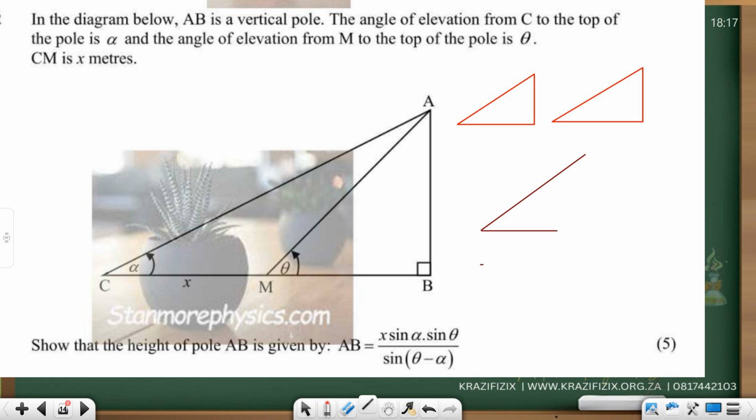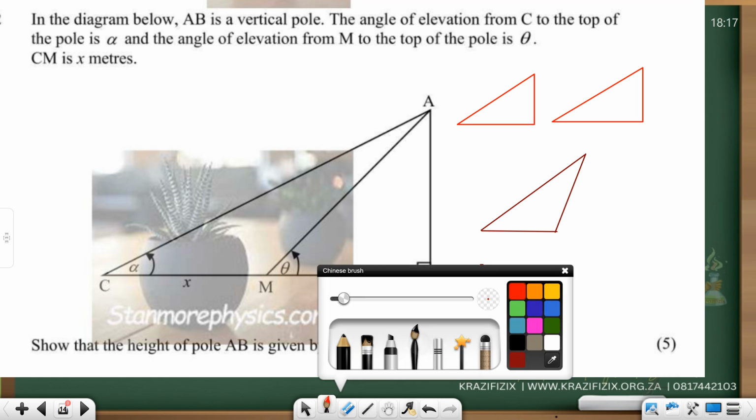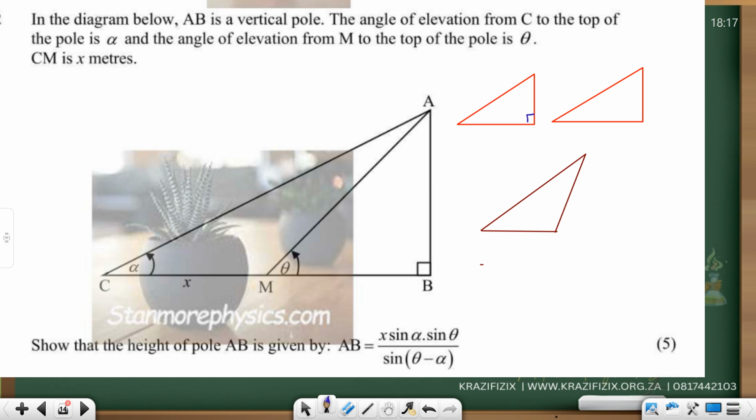Okay, so I'm going to label them. So draw out all, that's what I meant. Draw out all the, it's going to be a lot easier for you. All right, show me that that's 90. Let's label A, B, M. And that's theta. I don't know if that's the triangle you guys are referring to.